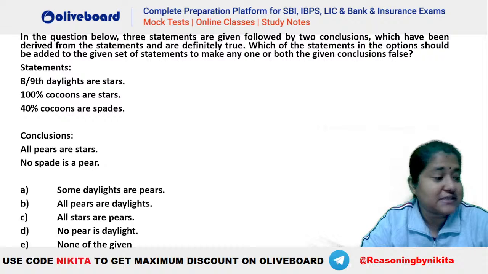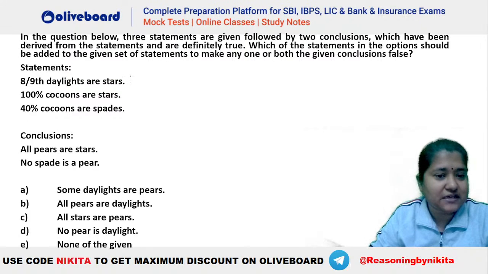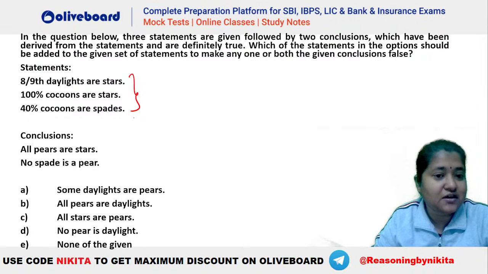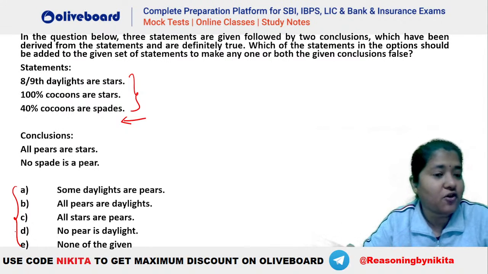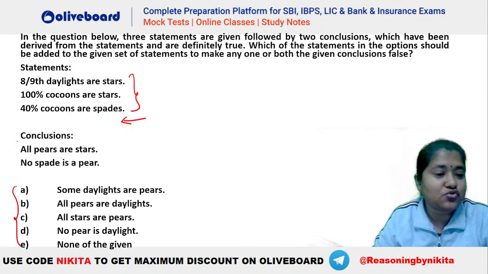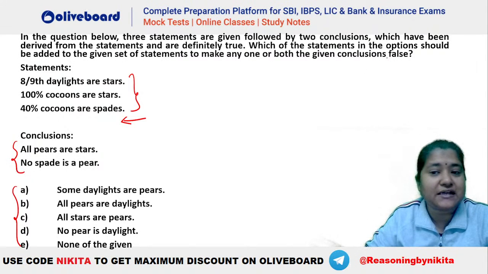Let's see. So this is another type of question. We have seen the other types, that is the reverse inequality. So now we will try another type of question. Now here you have to tell that we have 3 set of statements, right? We have already 3 statements here. So you have to tell which of the following should be added out of these 5, as the fourth statement, so that these two conclusions become definitely false.